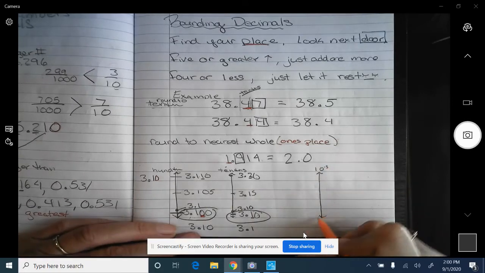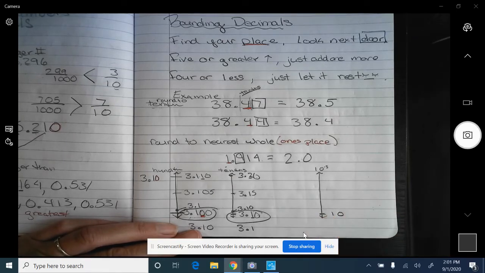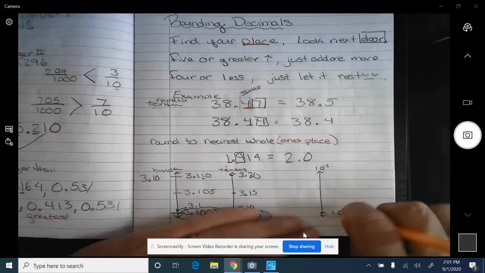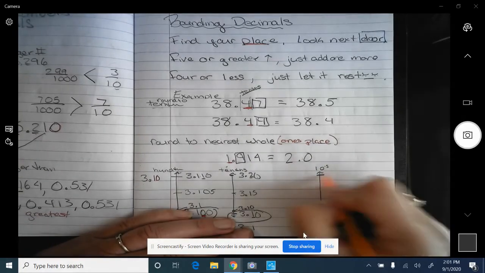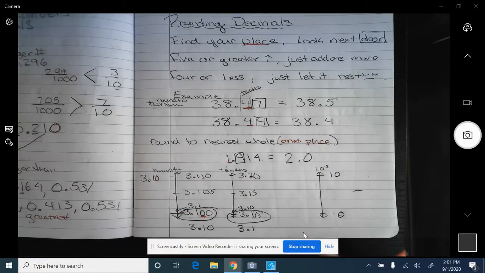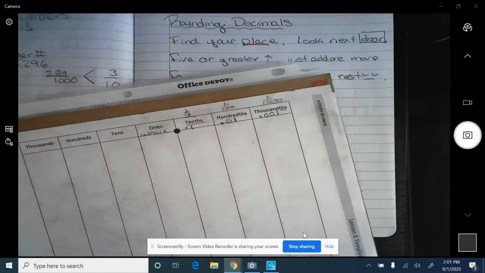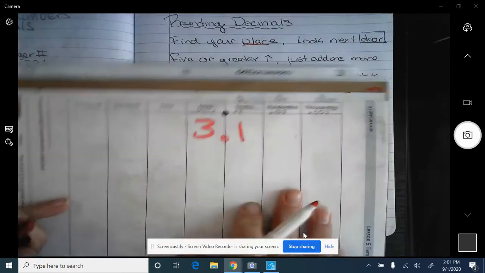Now we're looking at tens. So 3.1 is either close to the 0 in the tens place or close to 10 in the tens place. I know that's a little confusing, but if you think about it on a dry erase, we have 3.1, right?